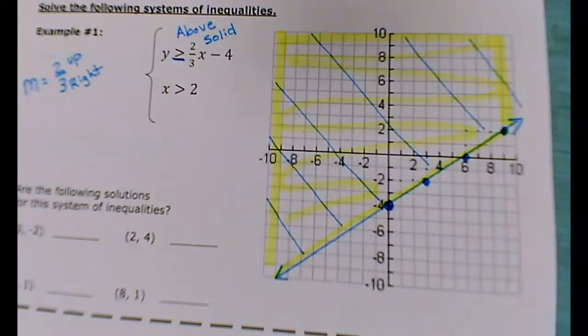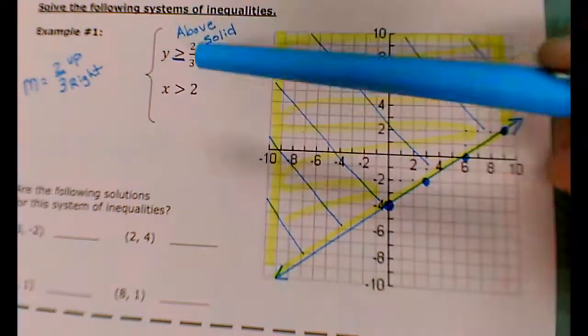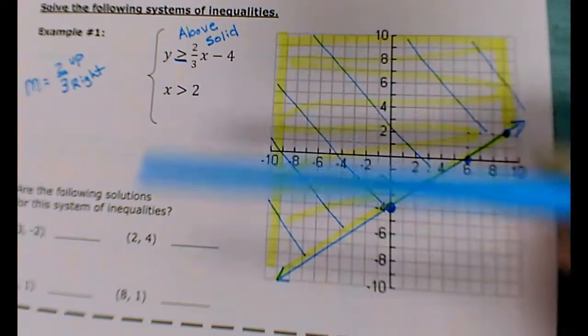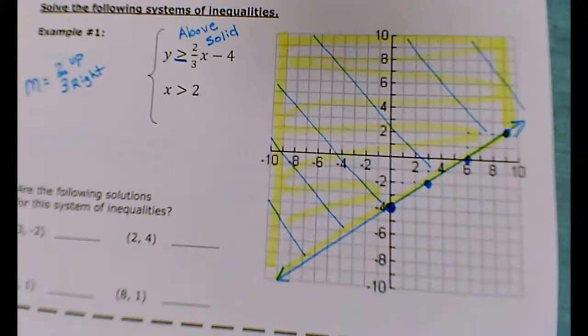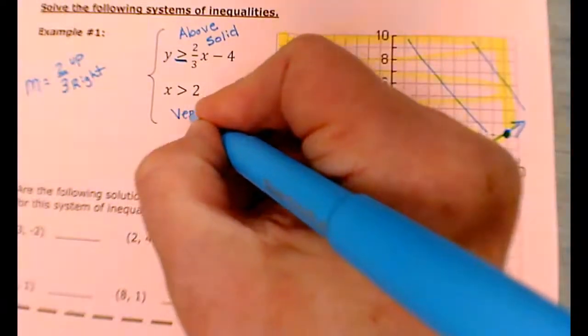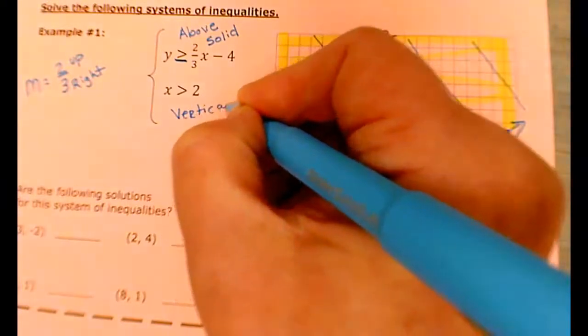This next kind of line, it cannot be put in y equals mx plus b form because it doesn't have a y. Do you see that? The reason it doesn't have a y is because the slope is undefined. This is a vertical line.